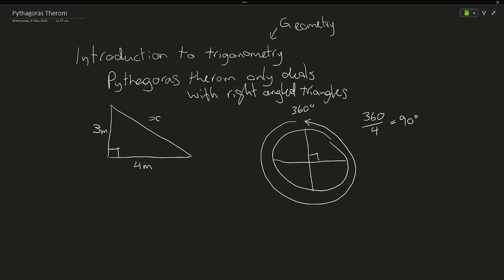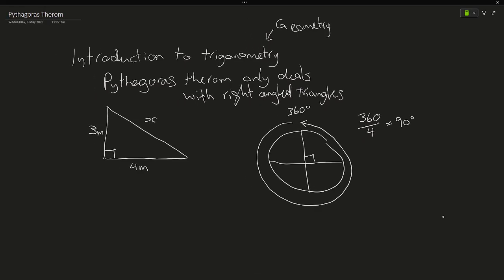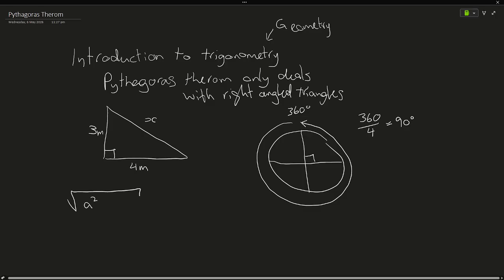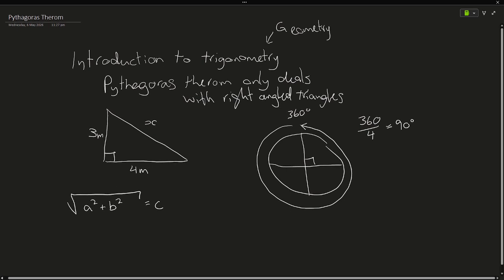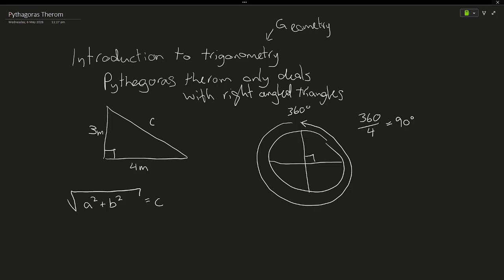So we have a formula for Pythagoras Theorem. The formula is the square root of a squared plus b squared equals c. So let's call that c. This side is c.